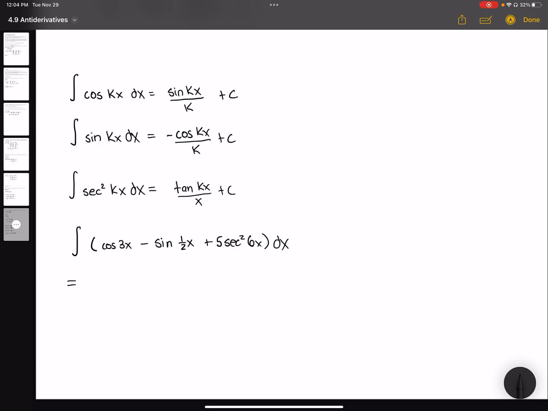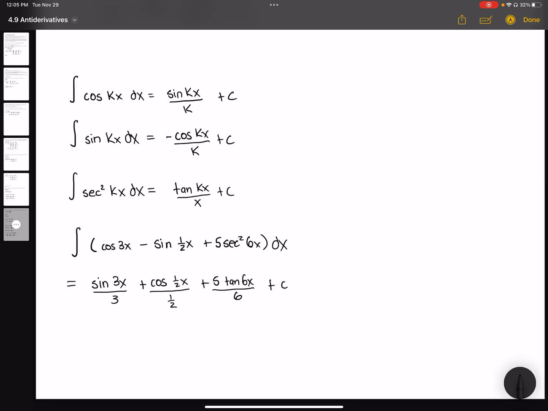The antiderivative of cosine is sine, so we have sine 3x divided by 3. The antiderivative of negative sine is positive cosine of 1/2 x divided by 1/2, plus 5. The antiderivative of secant squared is tangent, so tangent 6x divided by 6 plus c.